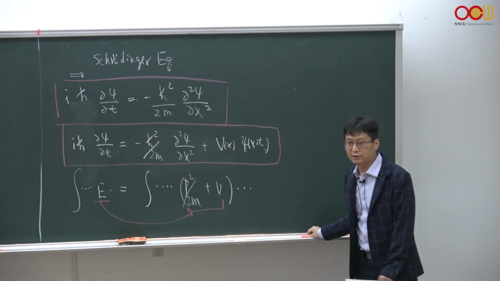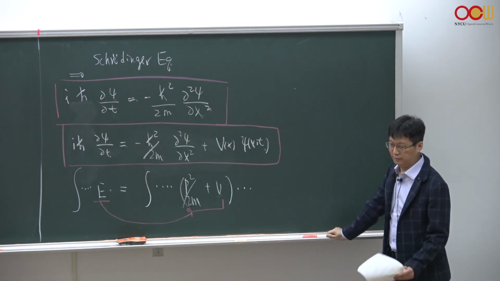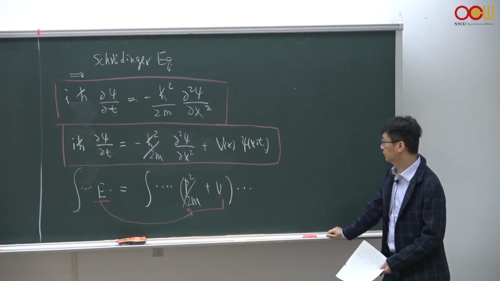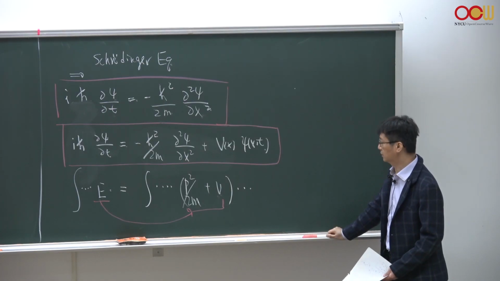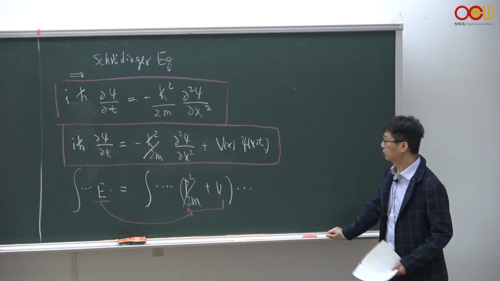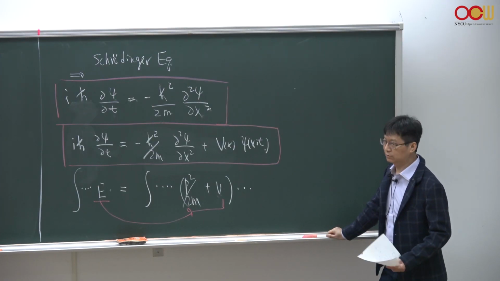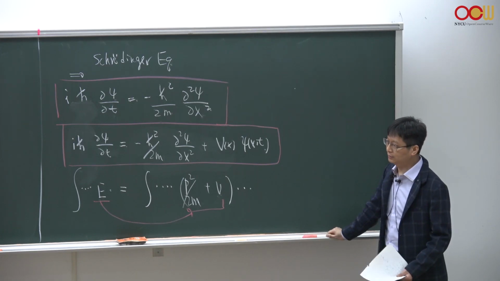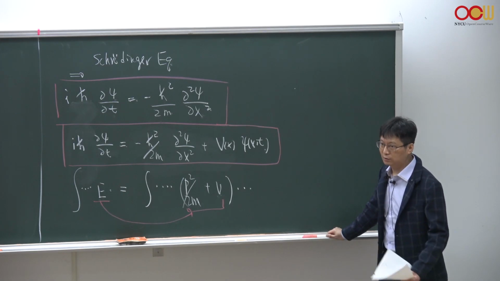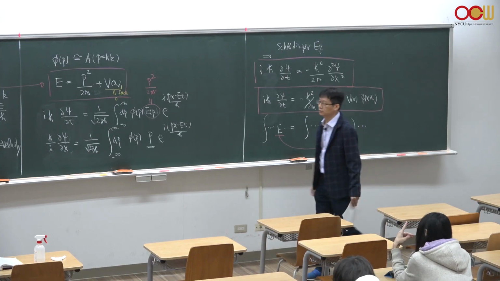Okay, so the Schrödinger equation is nothing but the energy conservation law that needs to be satisfied in quantum mechanics, and the difference between the Schrödinger equation and Newton's second law is that we don't know the particle trajectory and equation of motion. What we do know is that the quantum particle should conserve its energy.